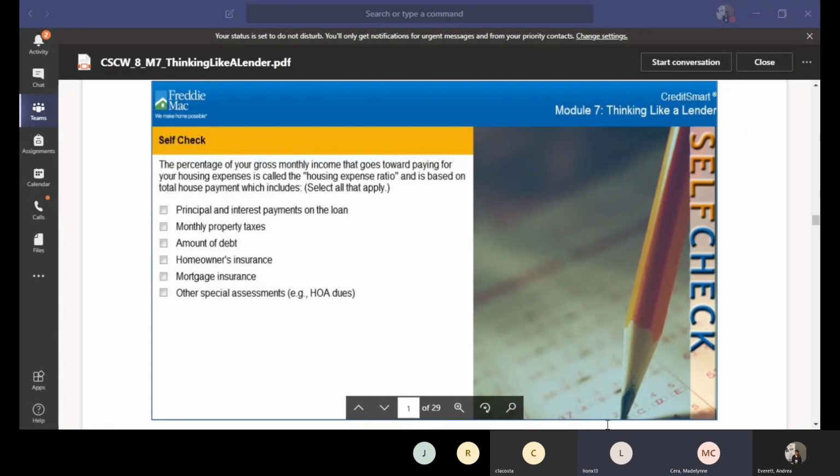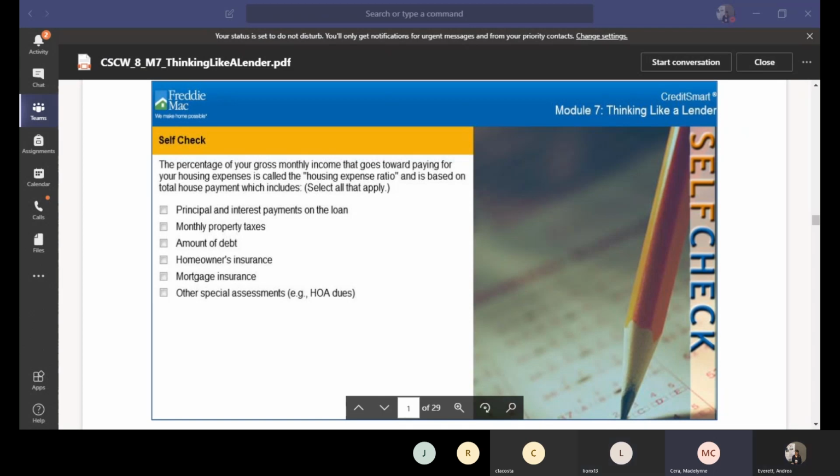Some areas don't have it. Yeah, but this is just a perfect world type of scenario. So if you have other special assessments, yes. So yes? Okay.